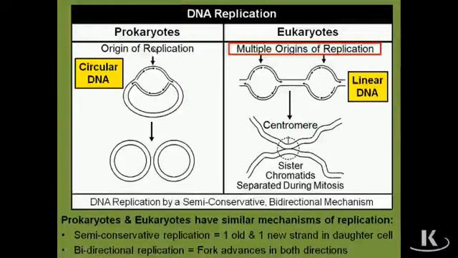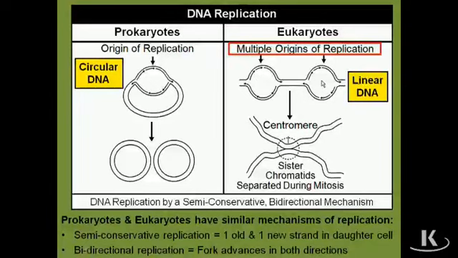Another key difference is the origins of replication. In prokaryotes, there's a single origin of replication, going bidirectionally, where the replication fork opens, whereas in eukaryotes, there are multiple origins of replication.